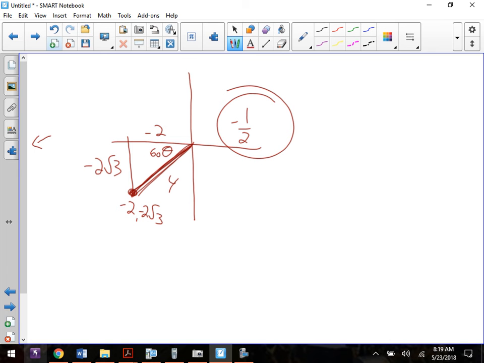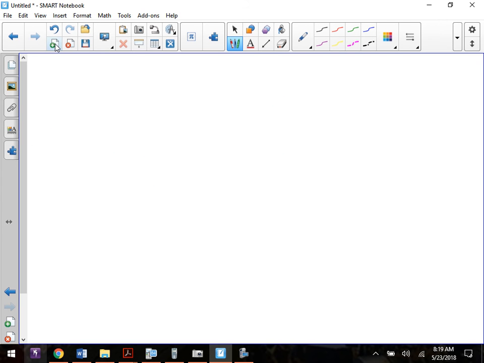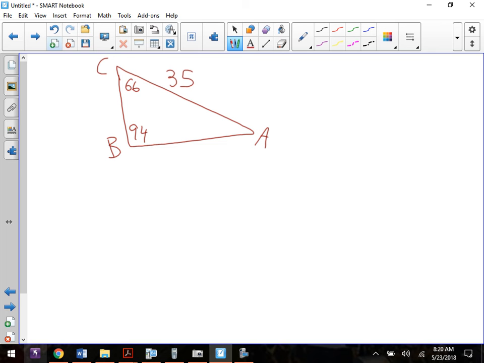Uh-oh. I'm afraid. Solving triangles that are not right triangles, which means we have to make a decision. Law of sines, law of cosines. So, will you use law of sines or law of cosines to solve the rest of this triangle?